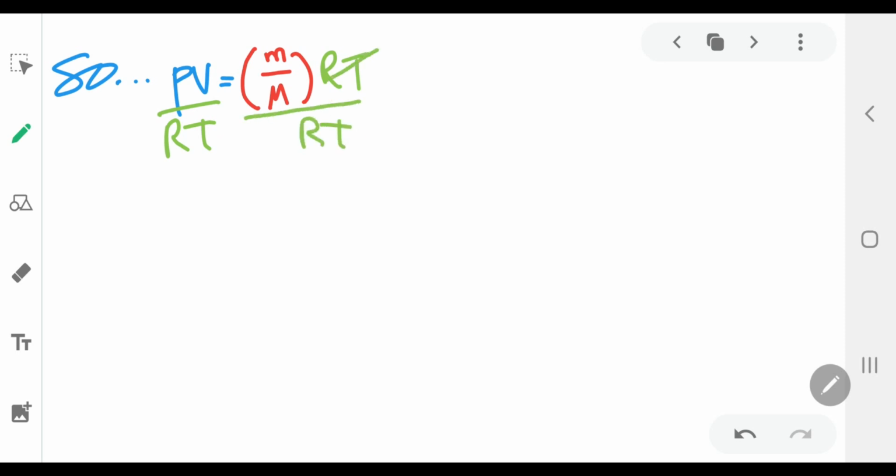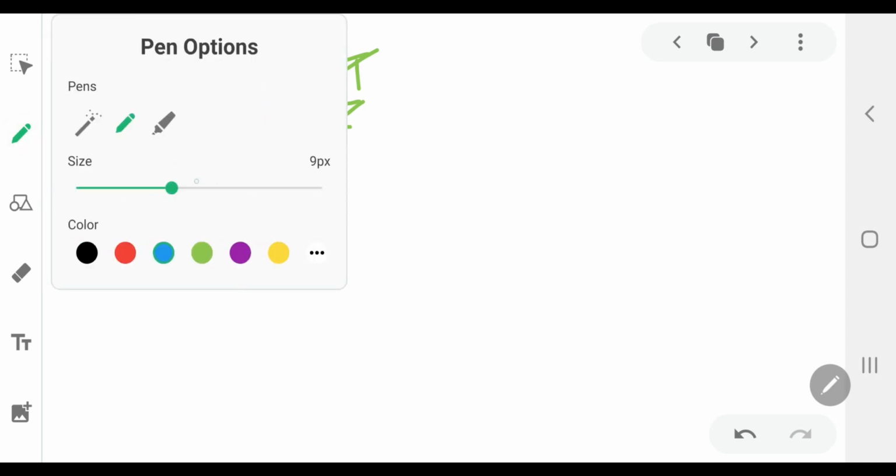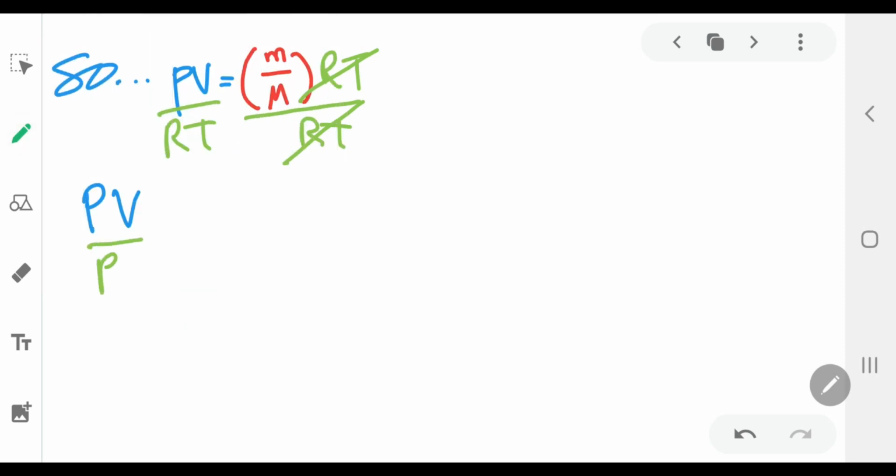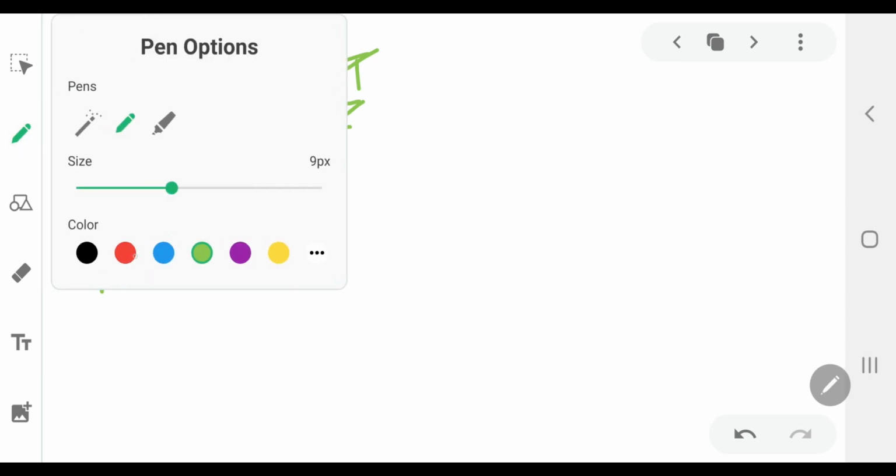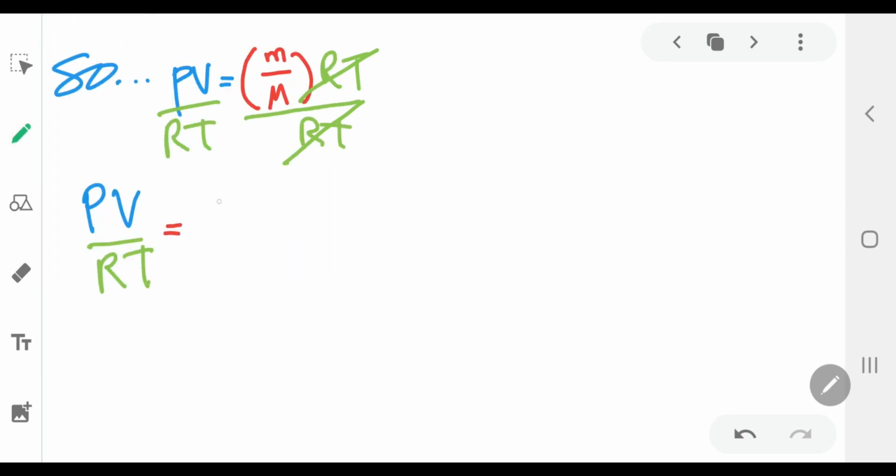So you can cancel RT on the right hand side, leaving you with PV over RT equals mass over molar mass. Small m is for mass, and capital M is for molar mass.